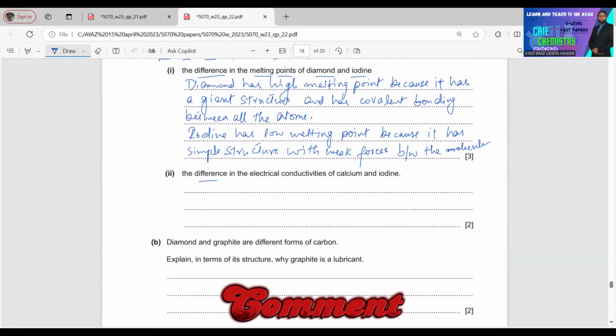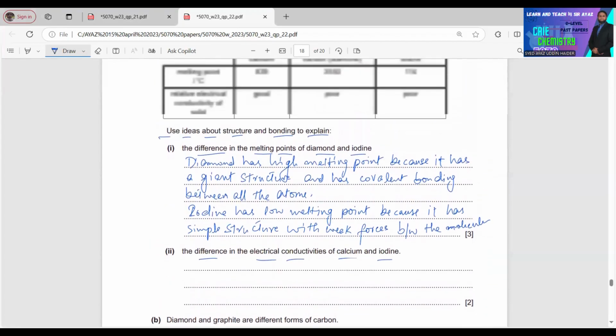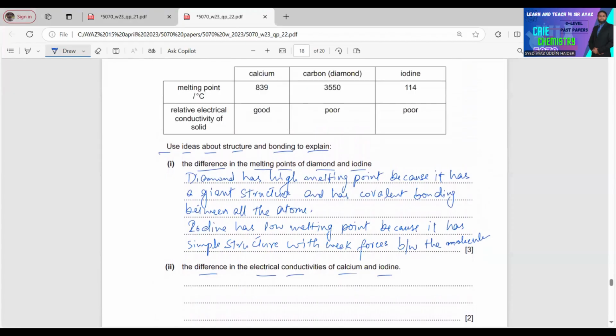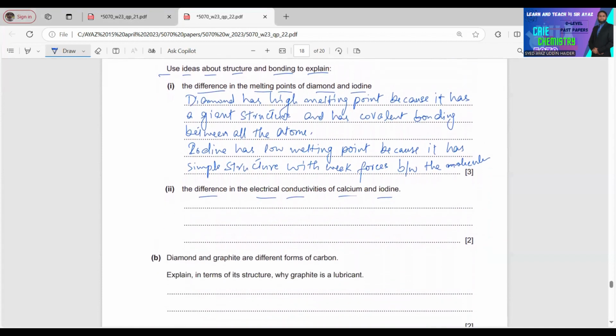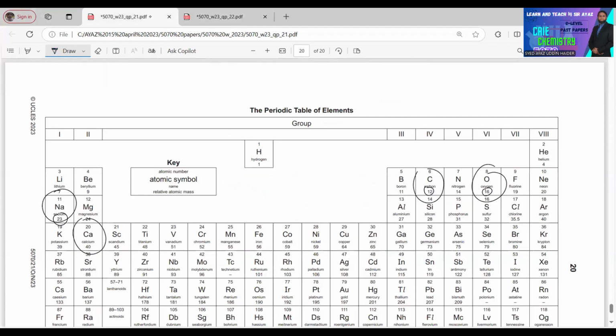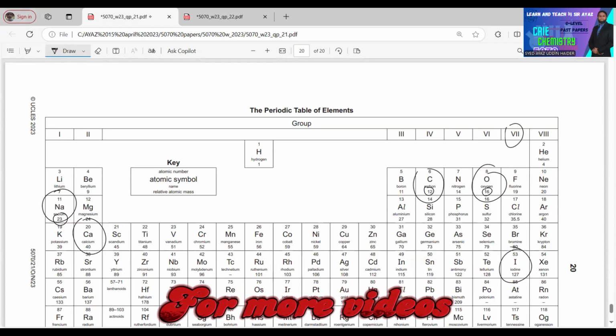The difference in the electrical conductivities of calcium and iodine. If you look at this table, iodine is a poor conductor, while calcium is a good conductor of electricity. Calcium is a metal. If you look at the position of calcium, here's calcium in group 2, iodine in group 7, which means calcium is a metal and iodine is a non-metal.